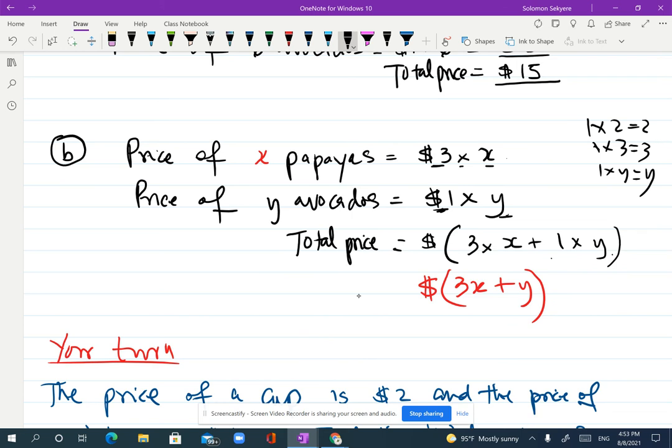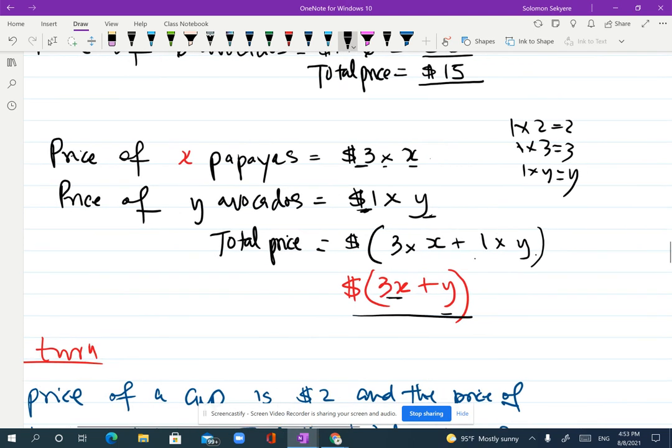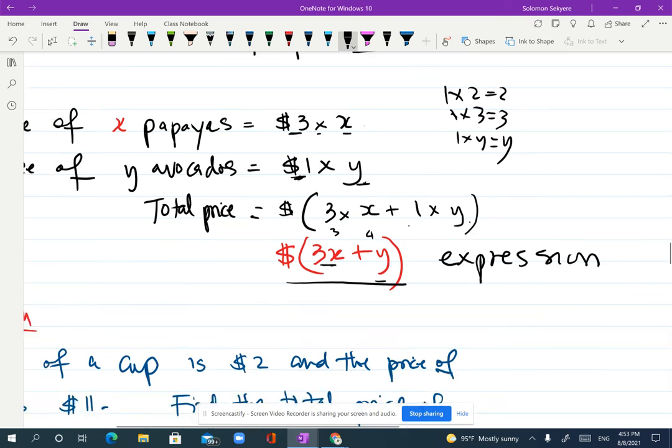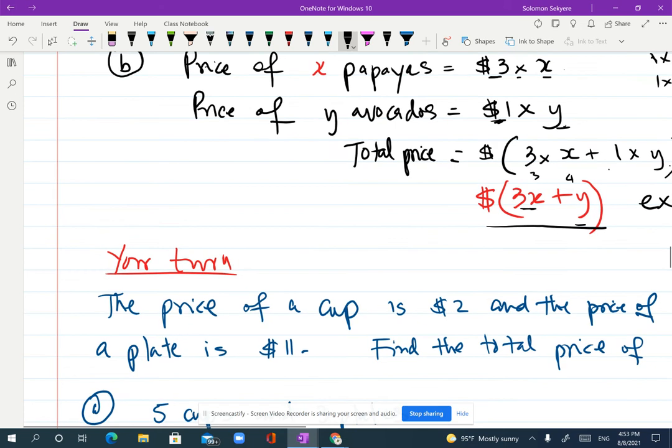So 3 times X is written 3X in algebra, plus 1 times Y is Y. So this is the total price, and this is also an expression. So when Y equals 3, X equals 3, and Y equals 4, then we can figure it out.